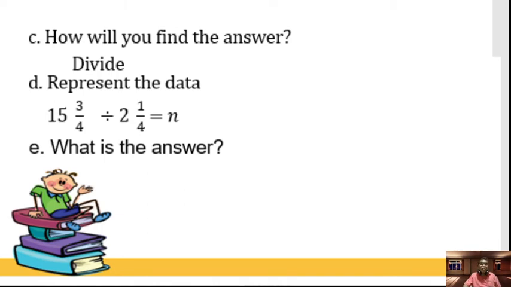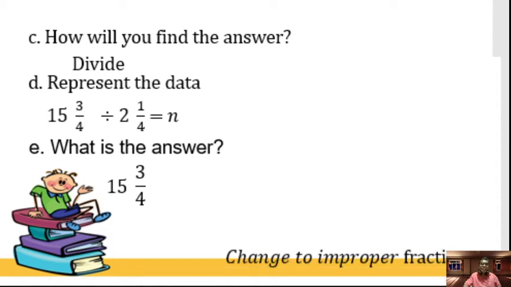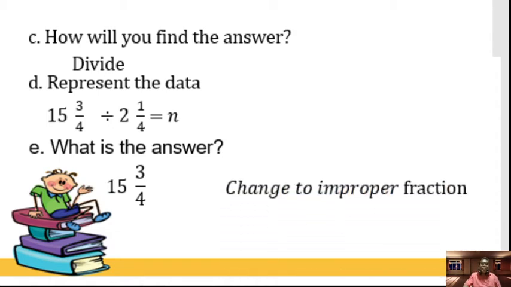Okay, let's solve. 15 and 3/4, change to improper fractions. That will become 63/4. And the 2 and 1/4 will become 9/4.